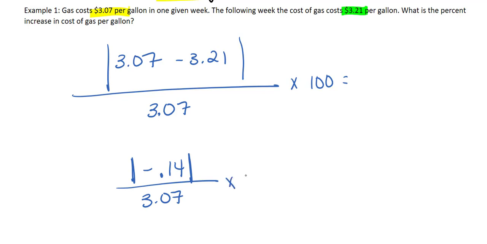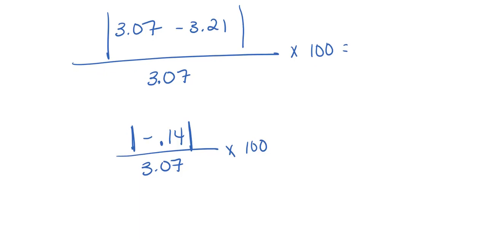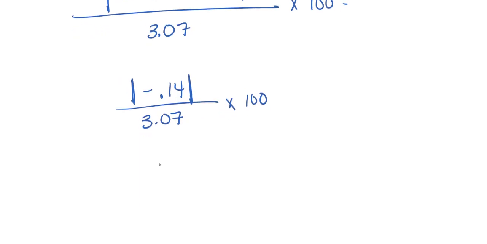So the thing about absolute value is we take whatever is inside and make it positive. And so when we are given a percent increase, we should always have a negative number inside because it means the new amount is increasing. So anytime the starting amount is smaller than the new amount, you'll get a negative answer. So we know we did it right, but we're just going to make it positive.